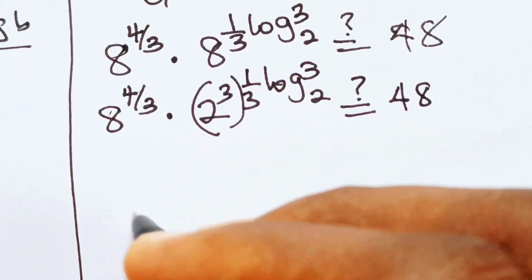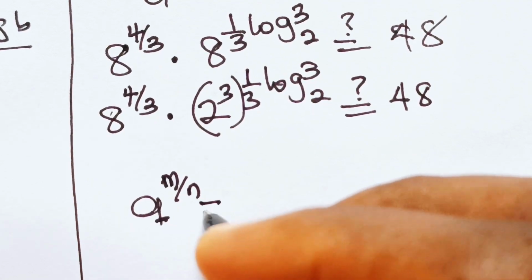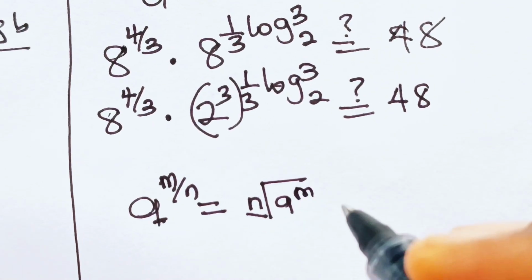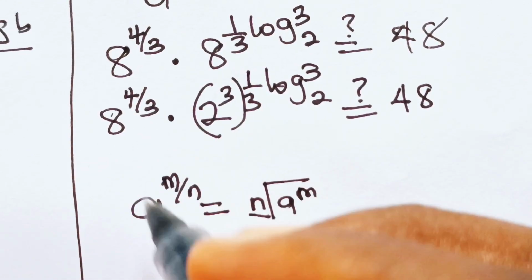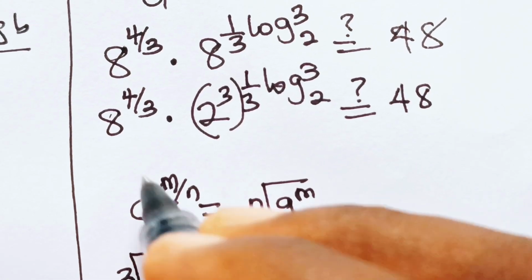Now when you have a to the power of m over n, this is equal to the nth root of a raised to the power of m. So that means this is the same thing as the cube root of 8 raised to the power of 4.